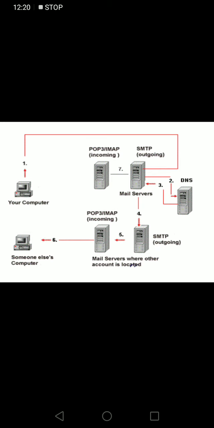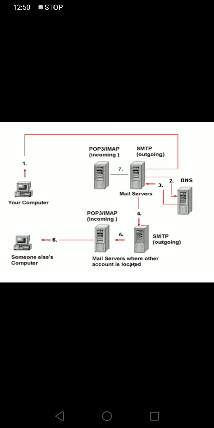Here the diagram shows that we are using two mail servers. The two mail servers which are used for outgoing emails are called MTA, that is mail transfer agents. The other two mail servers used for incoming mail, using the POP3 or IMAP protocol, are called MDA, that is mail delivery agents.